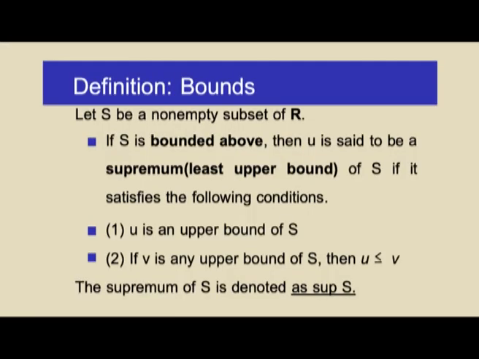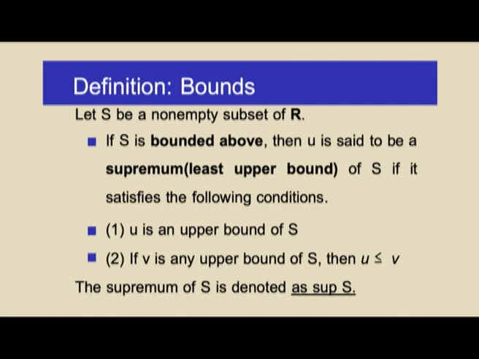If S is a non-empty subset of R and if S is bounded above, then U is said to be the supremum or the least of all the upper bounds if it satisfies the following two conditions. Which are the two conditions?